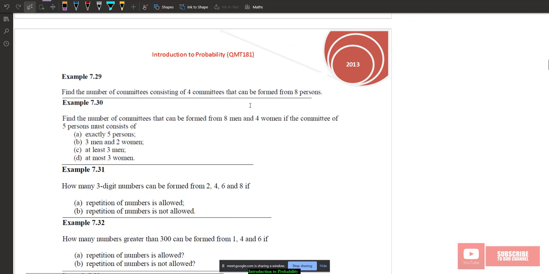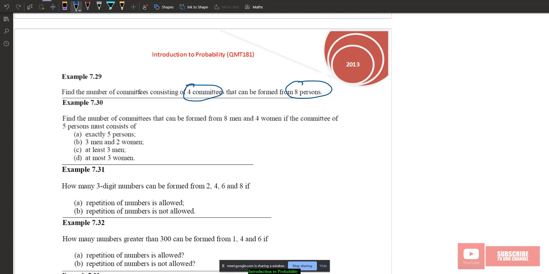Now, look at example number 7.29. Find the number of committees consisting of 4 committee members that can be formed from 8 persons. This one does not say order is important. You just select 4 committee members, like an AJK, 1, 2, 3 and 4.